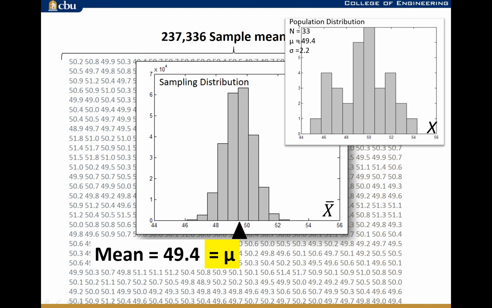And then the standard deviation, which is different from 2.2, will be 0.911, and is equal to the sigma divided by the square root of 5, because the sampling size we have now is 5, and we are calculating the distribution of the means.